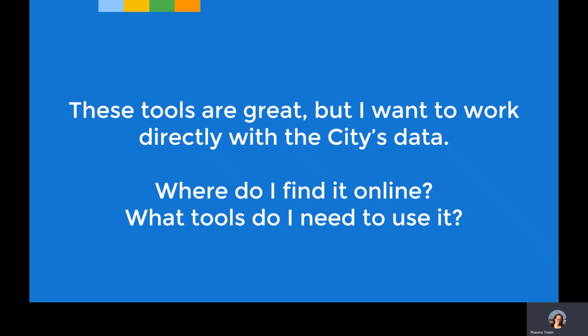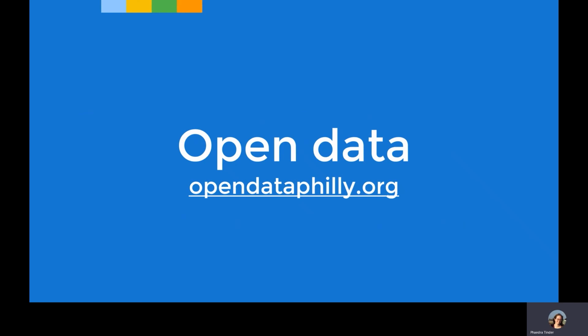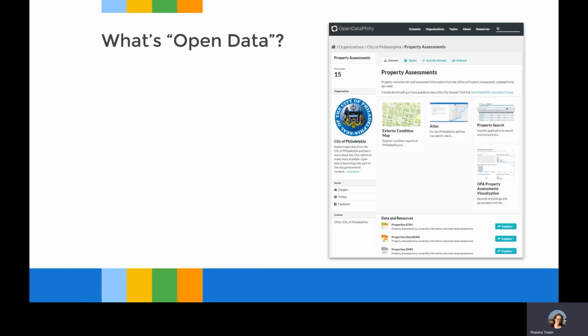So these are the tools that we have prepared that allow you to interactively use a lot of the data that is produced and managed by the city. But let's say you want to work with it directly, or you want to use data that's not shown in one of these sites. The website that we have, where you can find pretty much all of this data, is called opendataphilly.org.